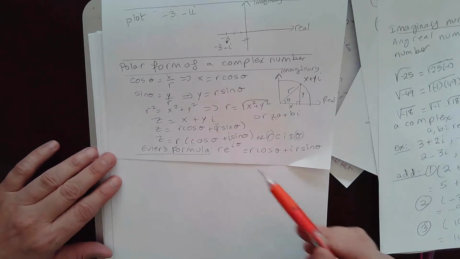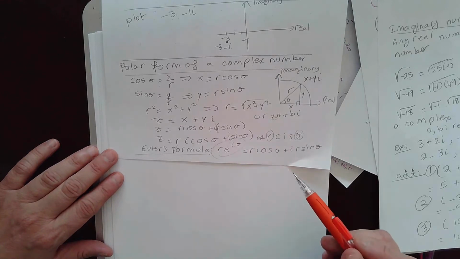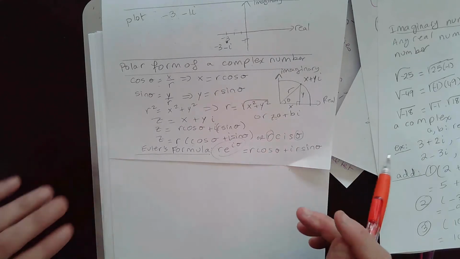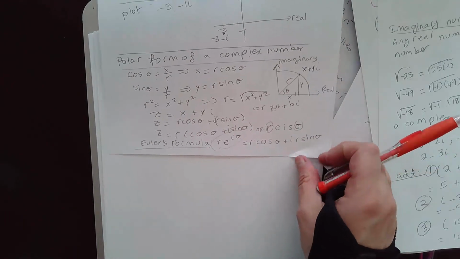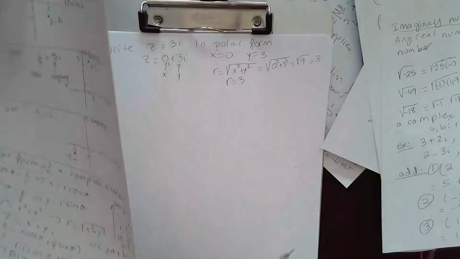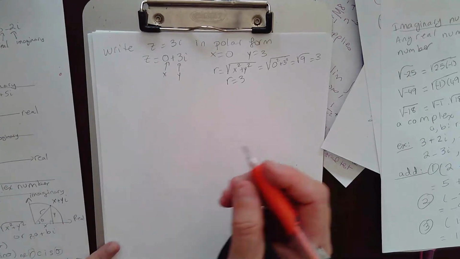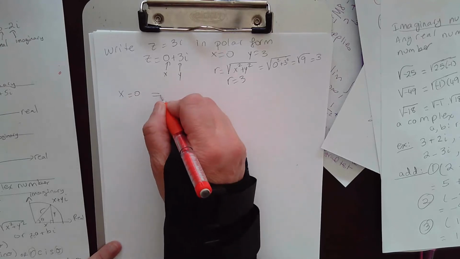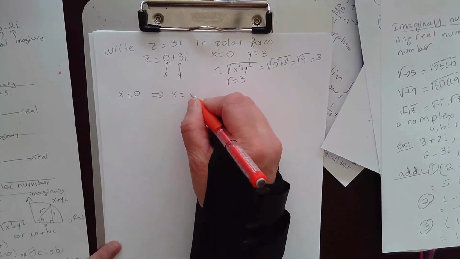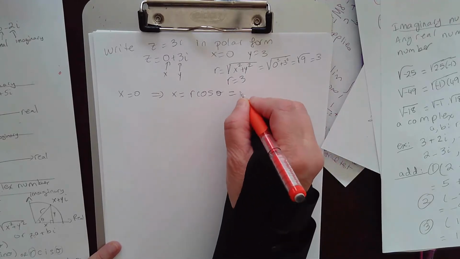And this is in Euler's form, r e to the i theta. So we need r and we need theta in both cases. We already found r, we need to find theta. Now remember, x is equal to 0, but also x is equal to r cosine theta, isn't it? And that is equal to 0.